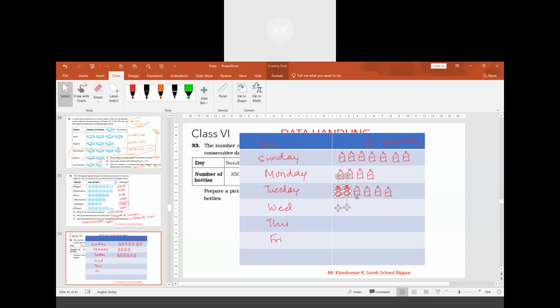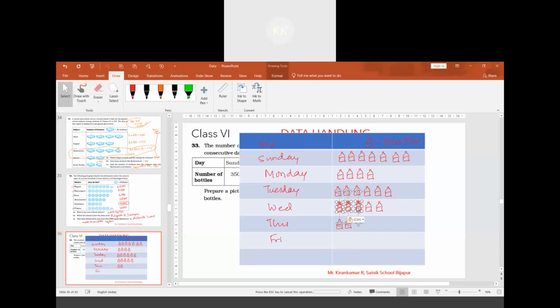Next, Wednesday, they have given it as 250. So 250 means there should be 5 such bottles. This indicates the total as 250. Next is just 100 for Thursday. So only 2 bottles will indicate 100. Next is 150.